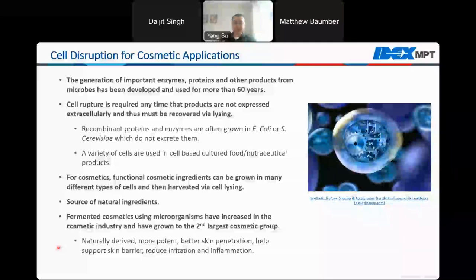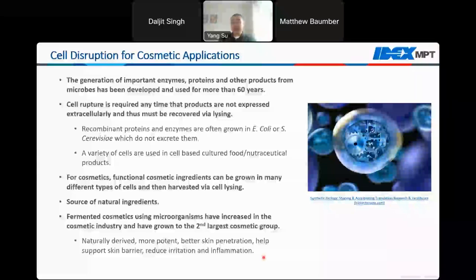It originated from Japan and Korea, and now has grown into the second largest cosmetic group after the herbal cosmetic group. So the fermented cosmetic ingredients are, again, naturally derived. They're more potent, can provide better skin penetration, help support the skin barrier, and reduce irritation and inflammation. So they're often considered innovative products and have a competitive advantage on the market.